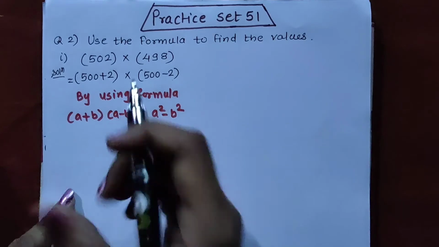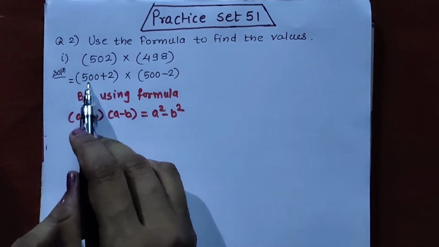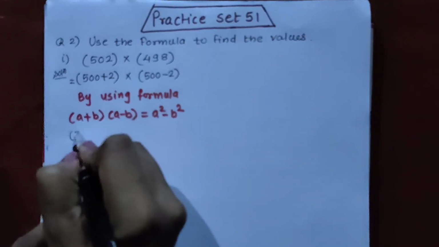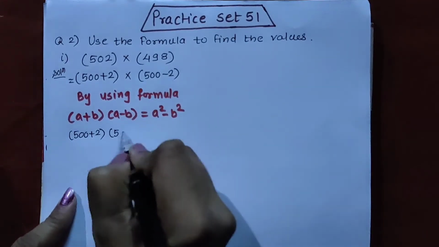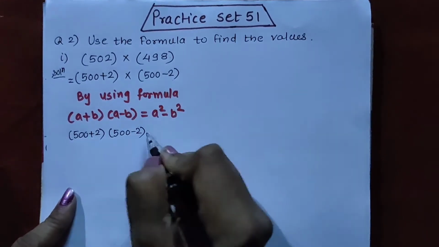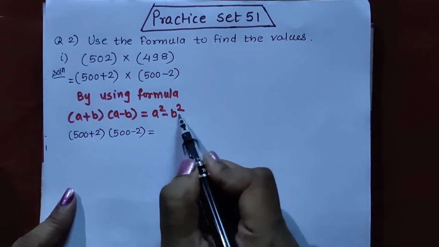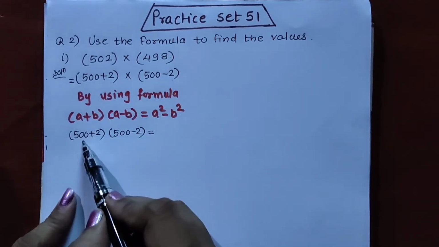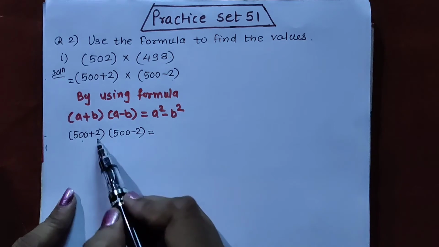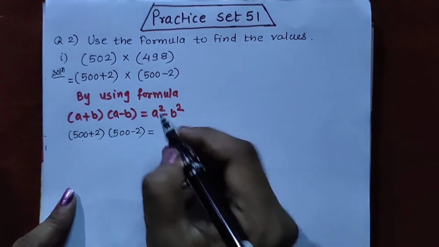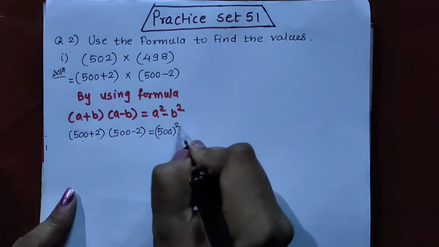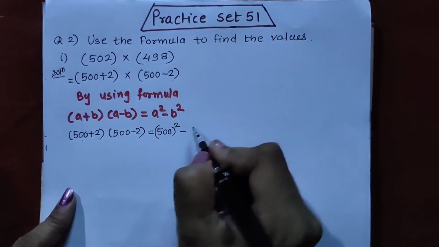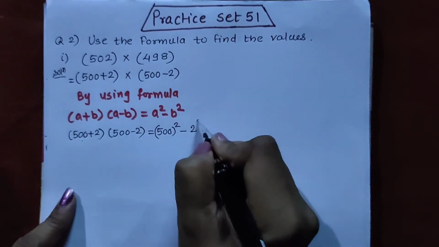Instead of writing this question, we will write (500 plus 2) in the first bracket and (500 minus 2) in the second bracket, is equal to a square minus b square. A, our first term, is 500. The second term, b, is 2 here. So 500 square minus b square, and b is 2, so 2 square.